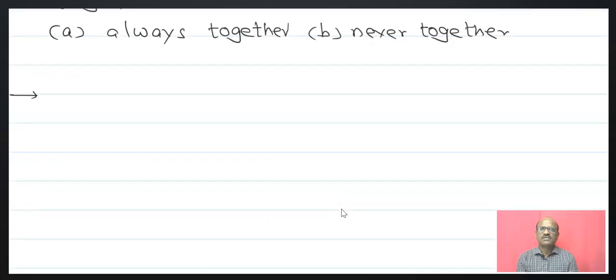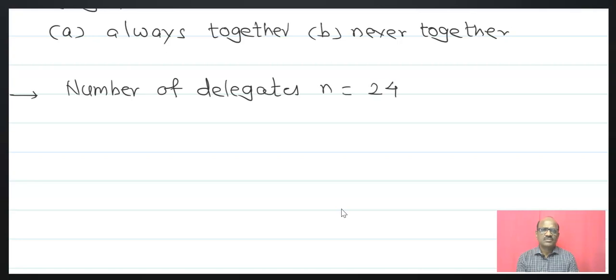Now we'll find out how many times the 24 participants, that is the delegates, can be seated around the table. The number of delegates is equal to 24.